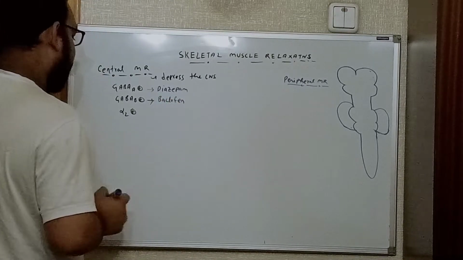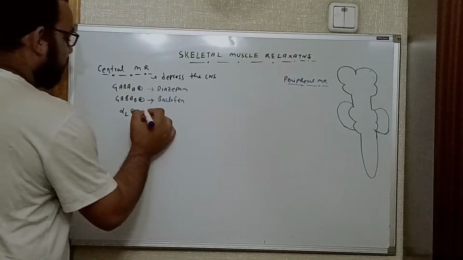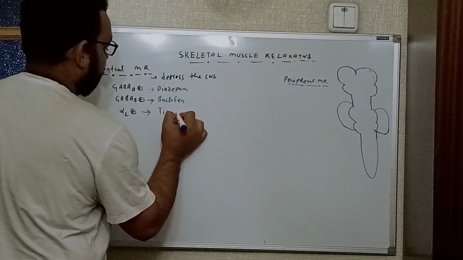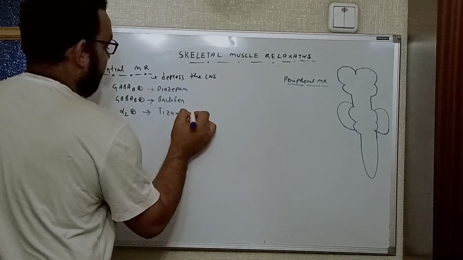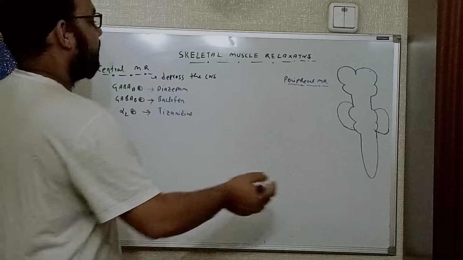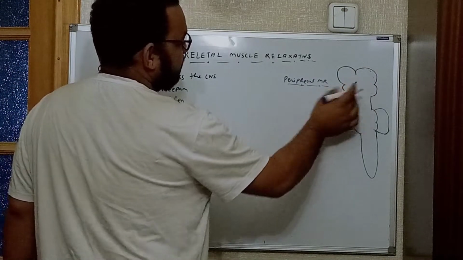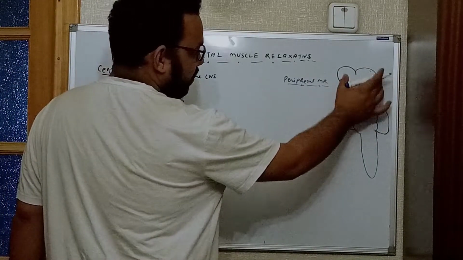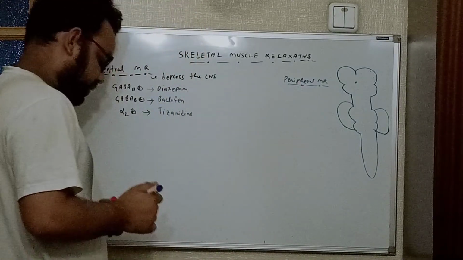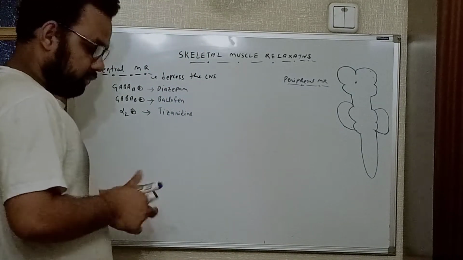And in case of alpha 2 stimulation, we can use tizanidine. These three drugs we can use to depress the central nervous system. They will depress the spinal cord as well as the brain, all parts of the brain.